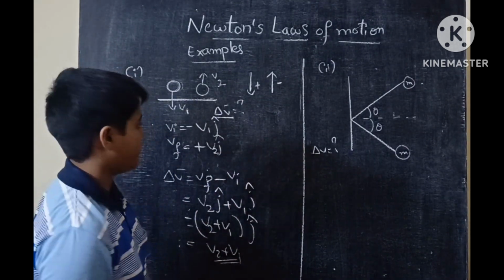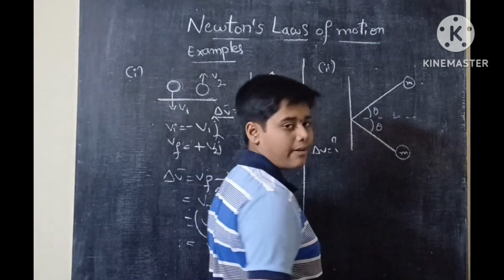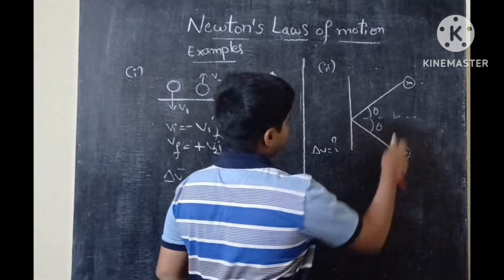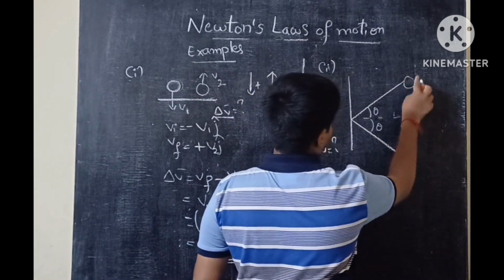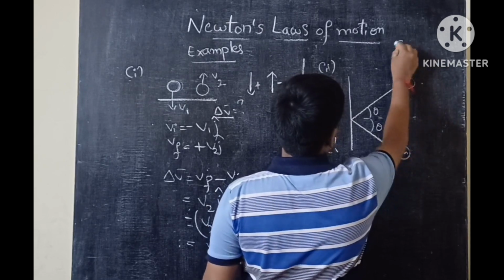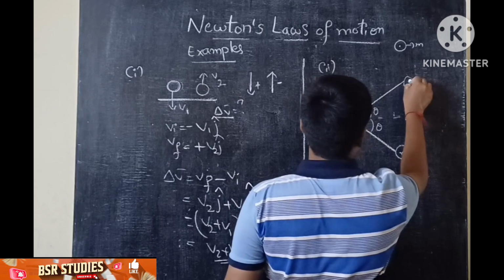In this case I am taking the vectorial form and the trigonometric sign conventions. Here this is mass m.